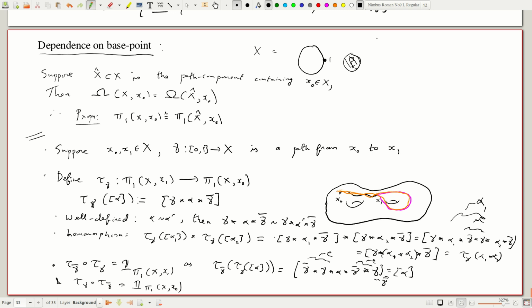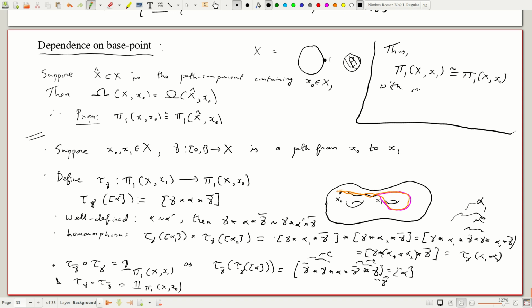So what does it tell you? Thus pi1 of X, x1 is isomorphic to pi1 of X, x0, with isomorphism tau gamma, if gamma is a path from x0 to x1.